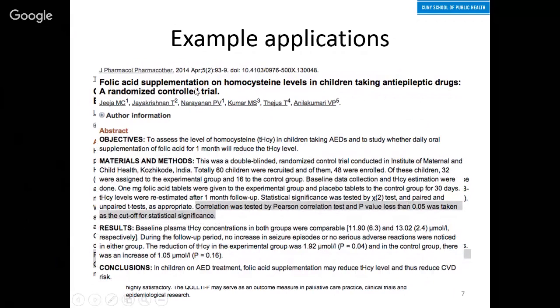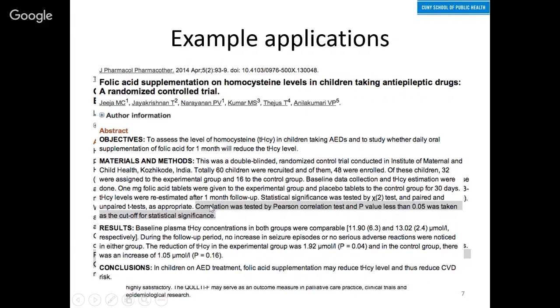Last one: folic acid supplementation on homocysteine levels in children taking anti-epileptic drugs, a randomized controlled trial. So here's one where we can make causal conclusions, even without adjusting for confounding or anything, because there's been an experimental randomized intervention. So materials and methods: correlation was tested by Pearson correlation test and p-values. Okay, but what correlations? They did a chi-squared test, unpaired t-tests, and correlation.